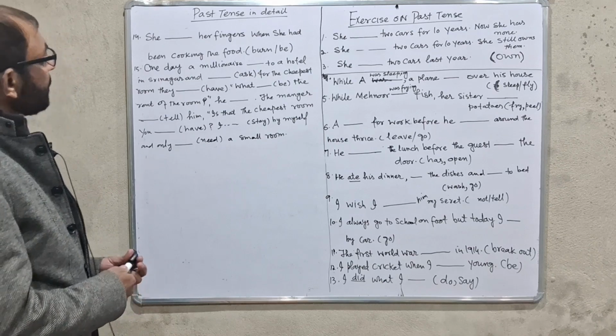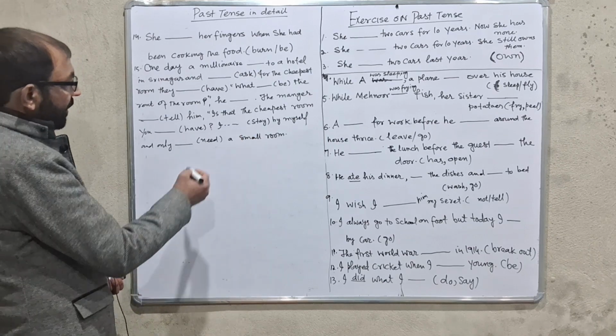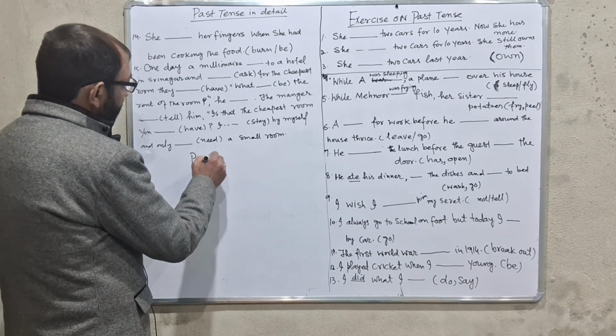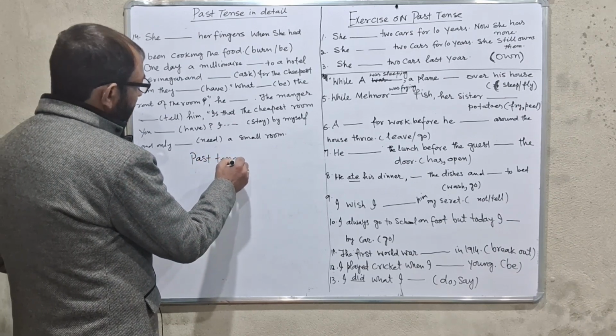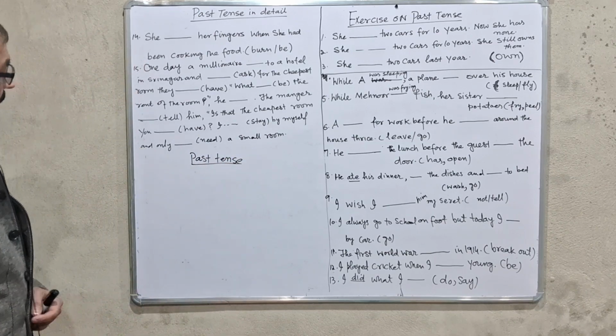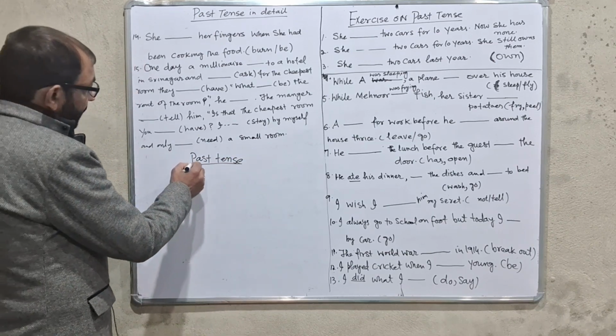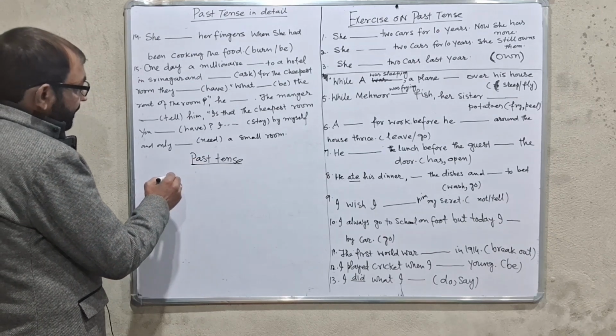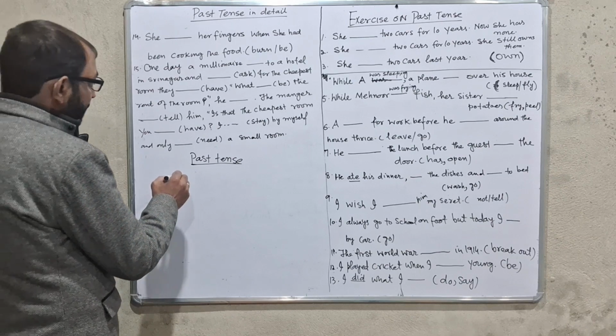Today I have an important topic on tense for you, that is past tense, in detail. First of all, we shall try to understand the representation of the past tense forms.